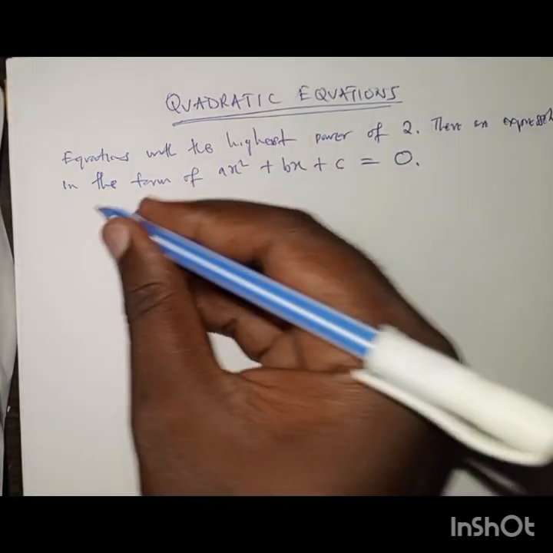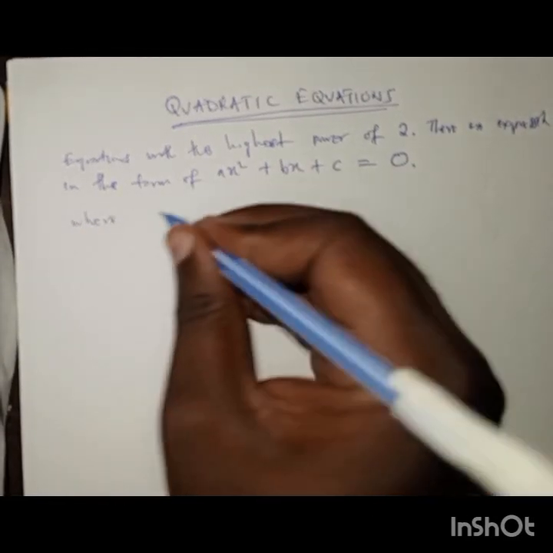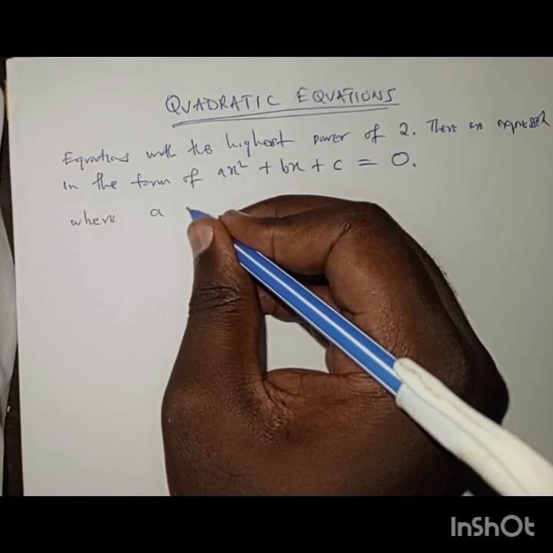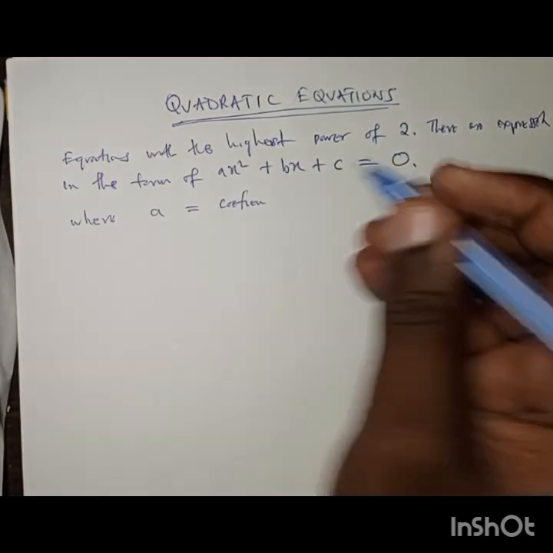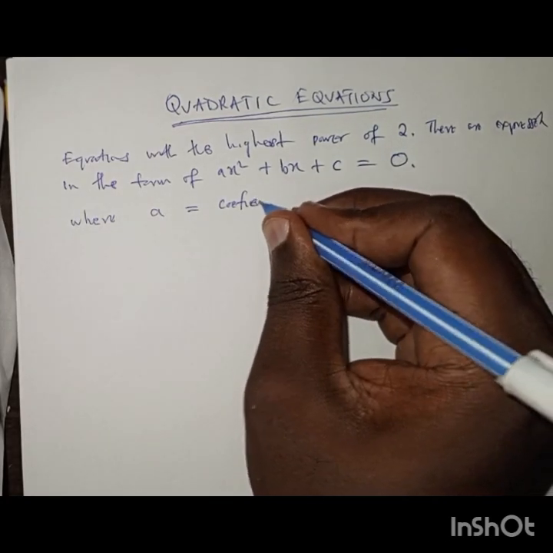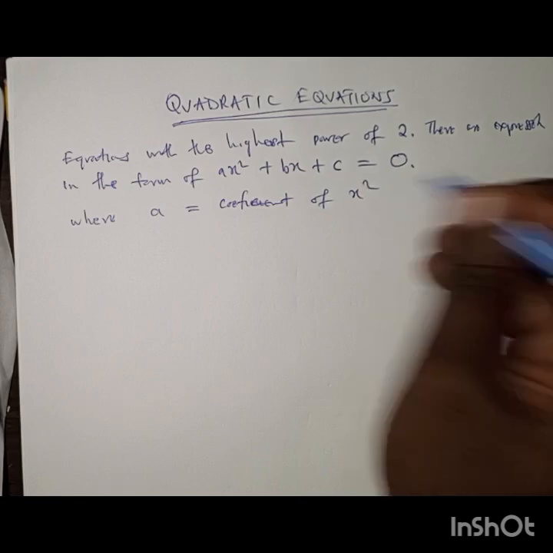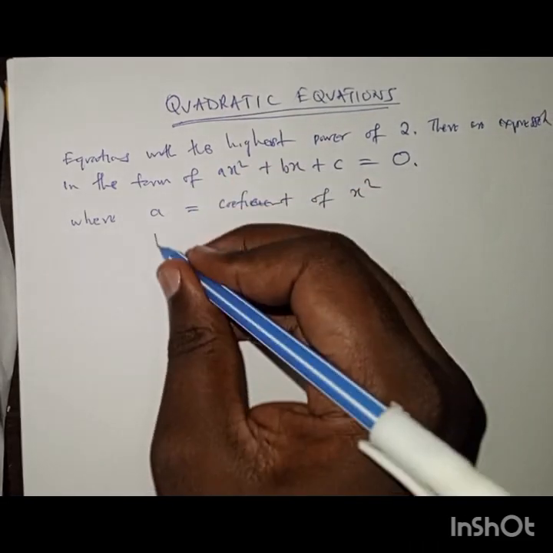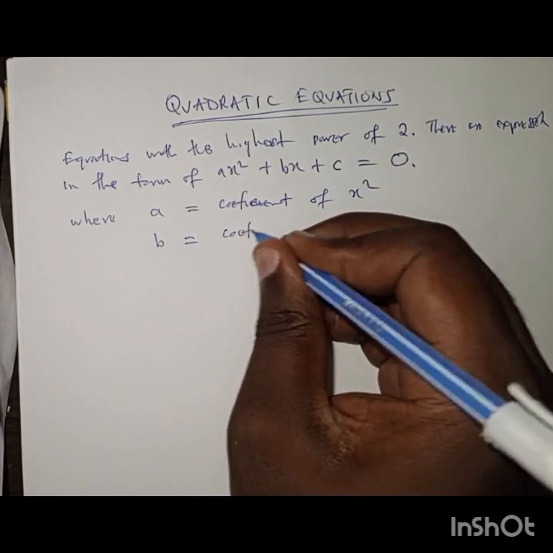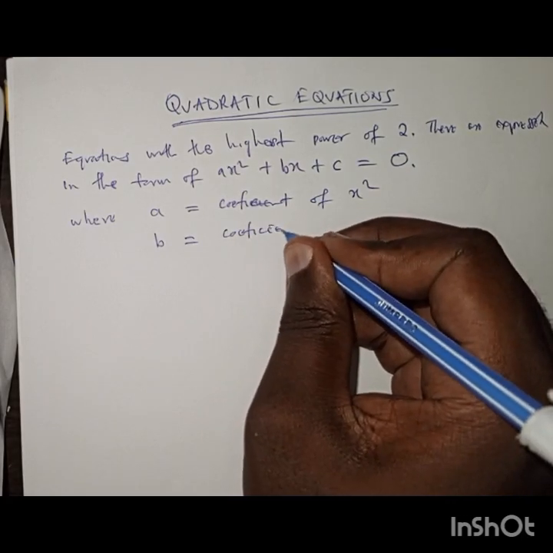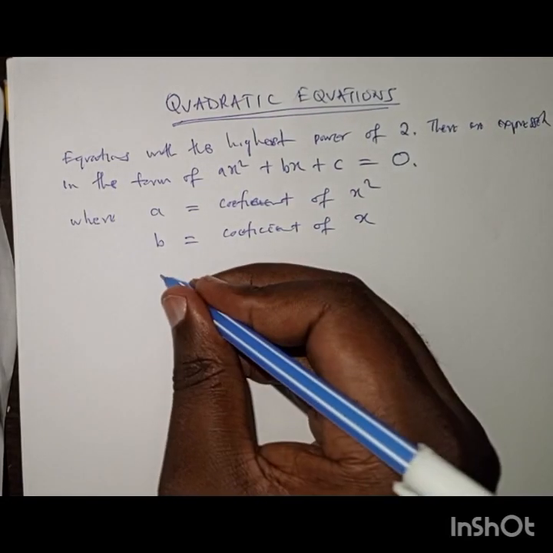Okay, let me just say where a is the coefficient of x squared. B is the coefficient of x.